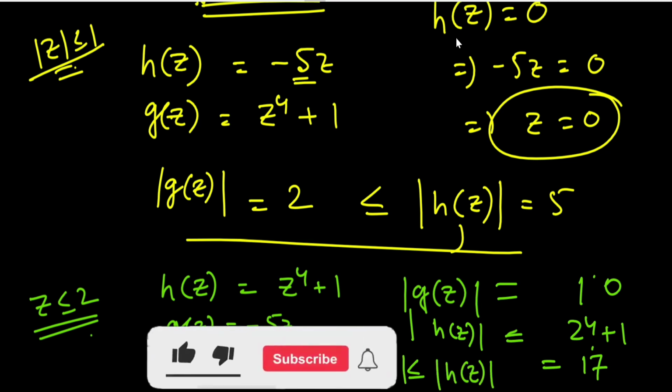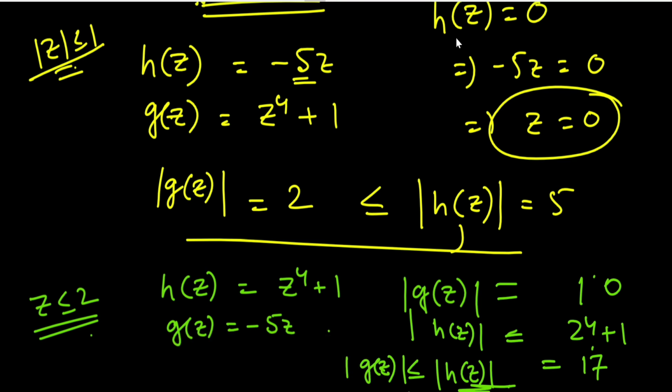Therefore we can apply Rouché's theorem, which says that g(z) and g(z) plus h(z) have the same number of zeros. Now we put h(z) equal to 0. Sorry, I made a mistake here: g(z) is 5z plus 1, and h(z) is z to the power 4 only.